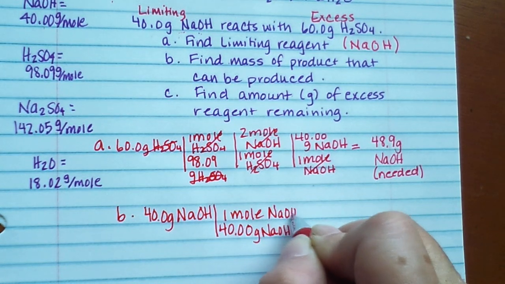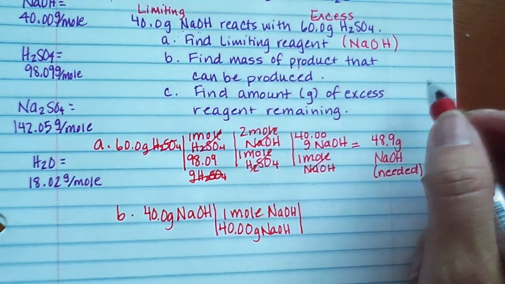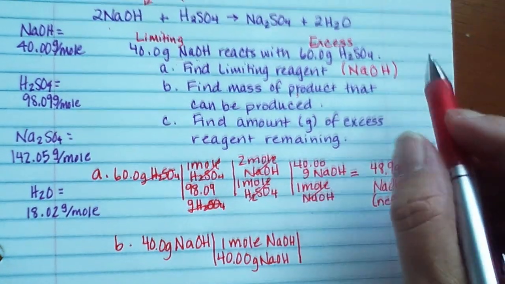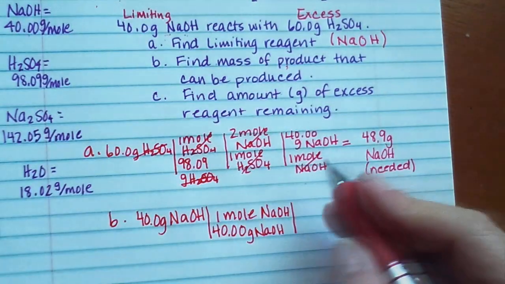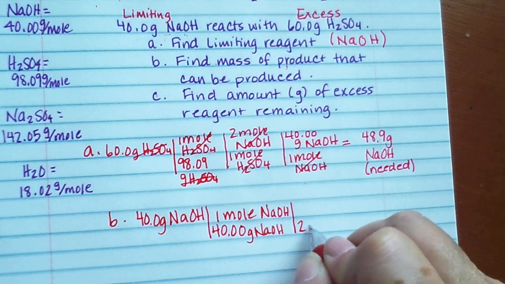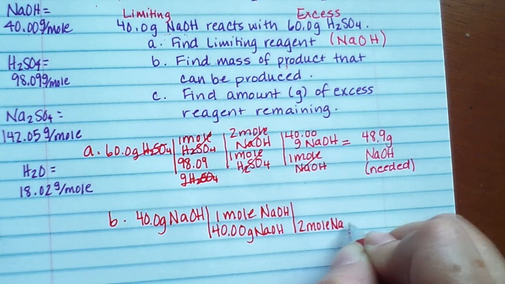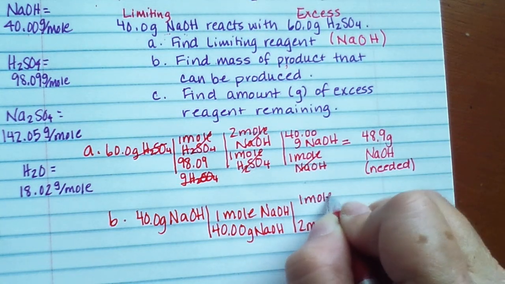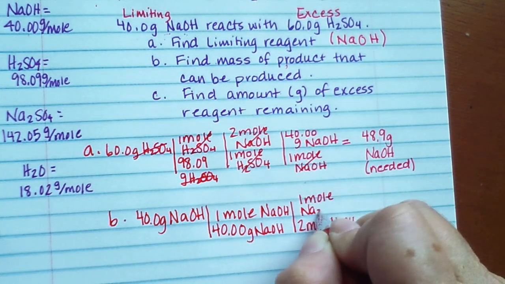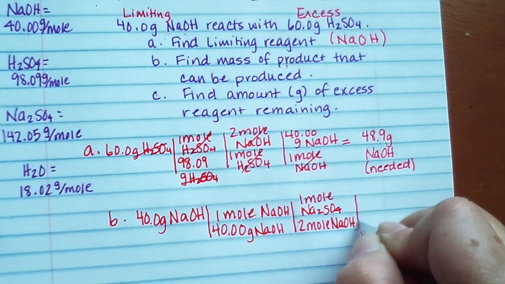And where I'm headed is to the mass of the product because I'm doing B. So that's actually a 2-to-1 relationship: 2 moles of sodium hydroxide to 1 mole of Na2SO4, sodium sulfate.